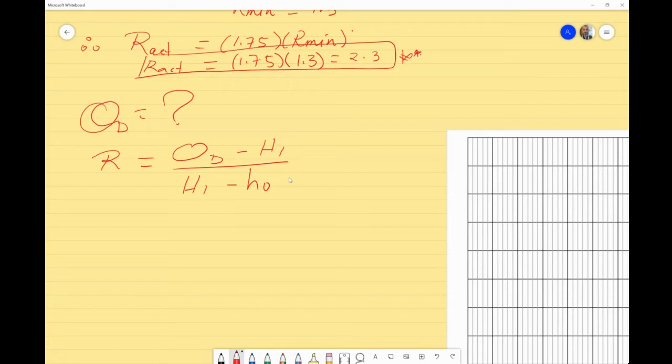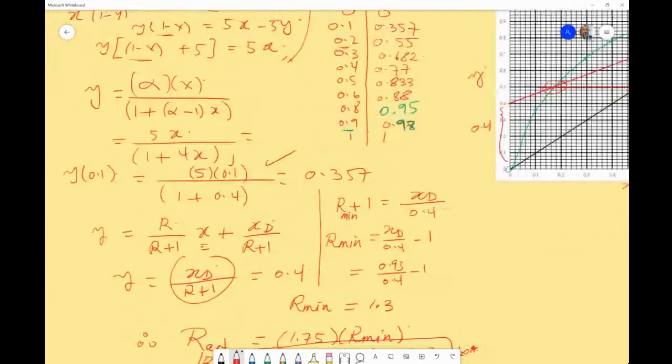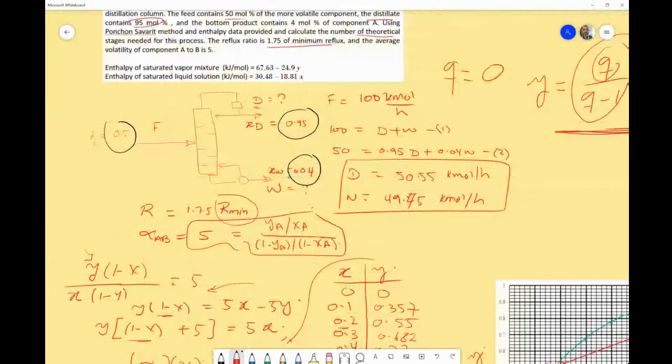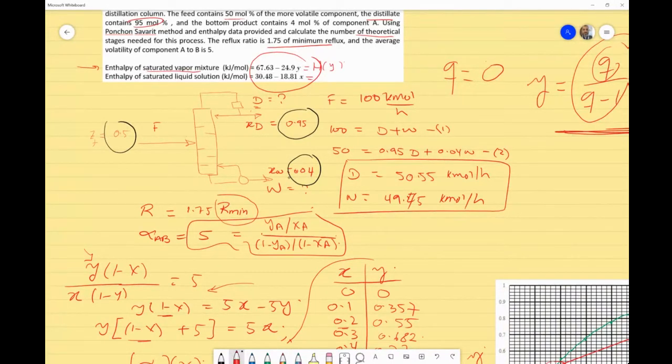Now if I go back to the example, I think he gave you the enthalpy as a function of composition. So this is the enthalpy of saturated vapor. So this is going to be H capital as a function of Y. The other one is saturated liquid, so it's going to be H small as a function of X. So I have to write these equations.